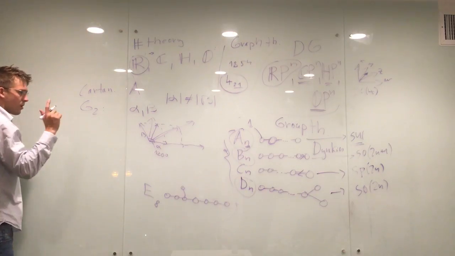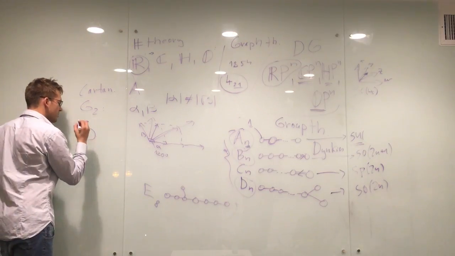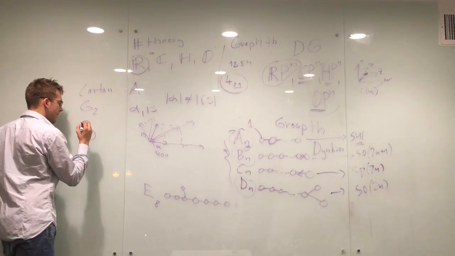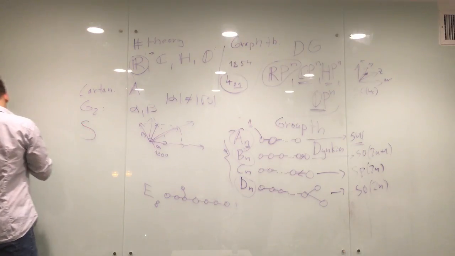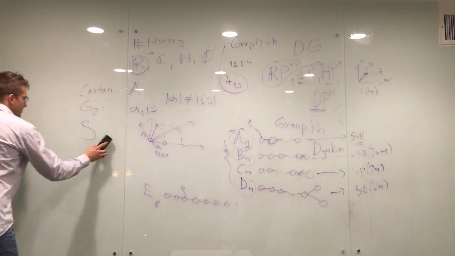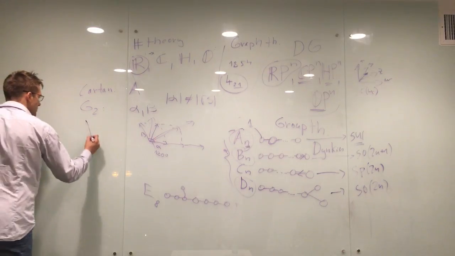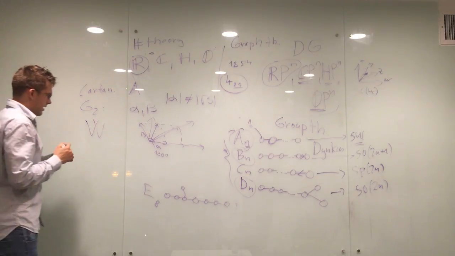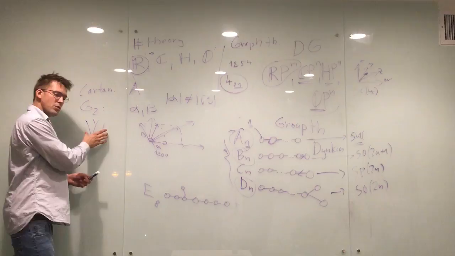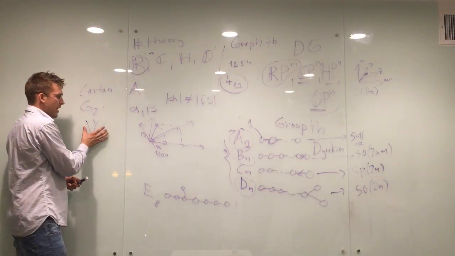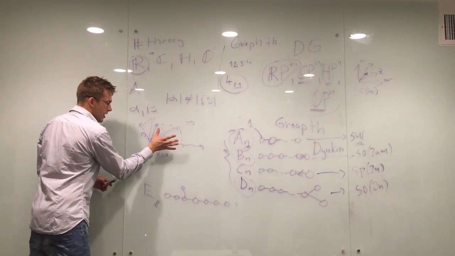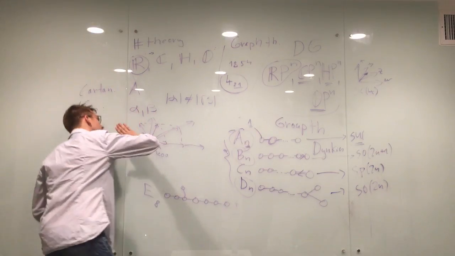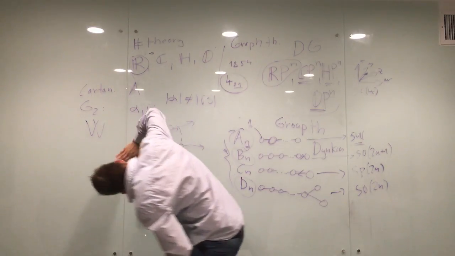And then there's a thing called the Weyl group, which is usually denoted by W. And the Weyl group is usually a discrete group that I apply to this configuration, and it just gives me the image over here, the image over here.